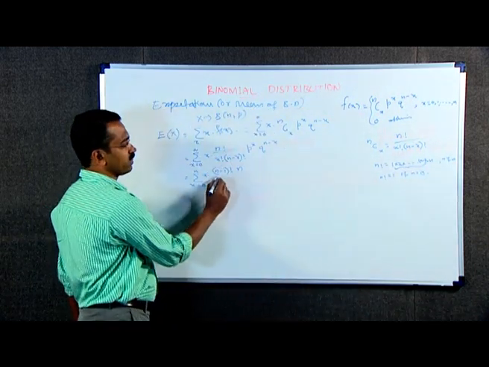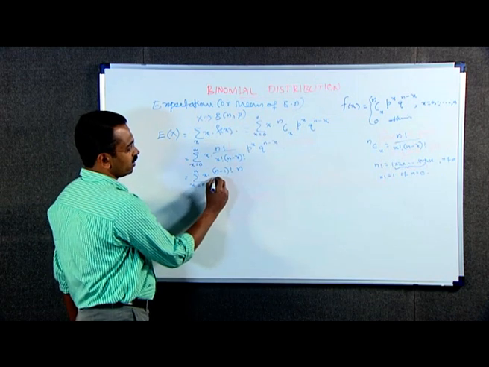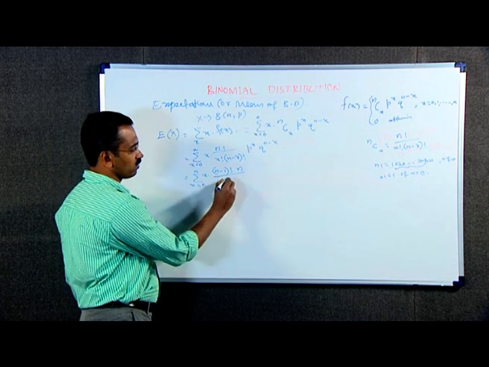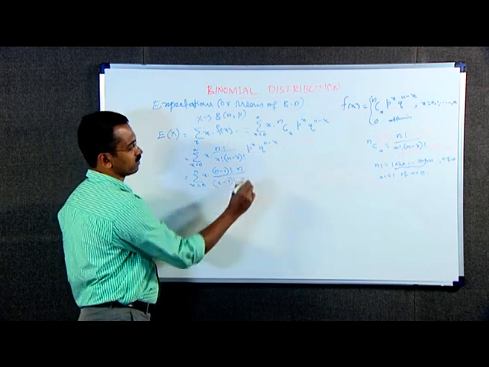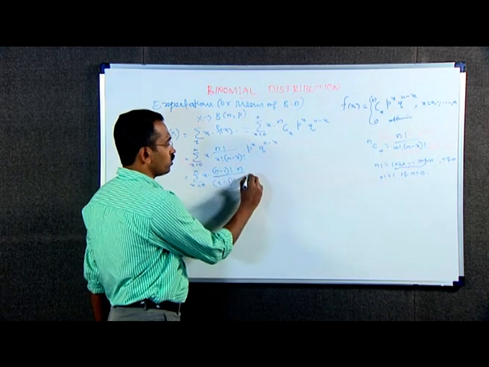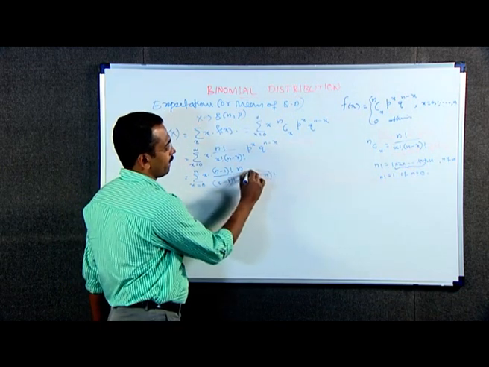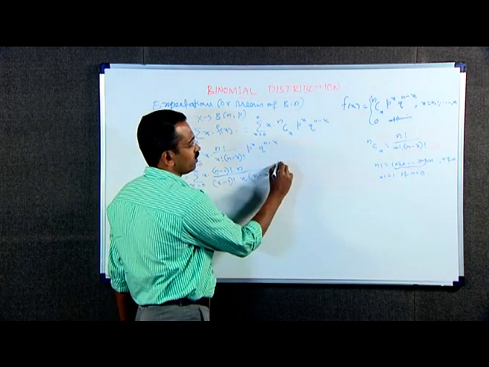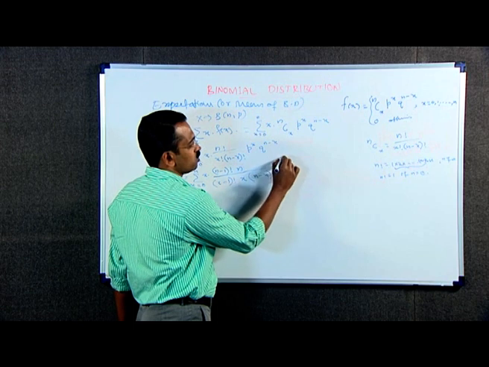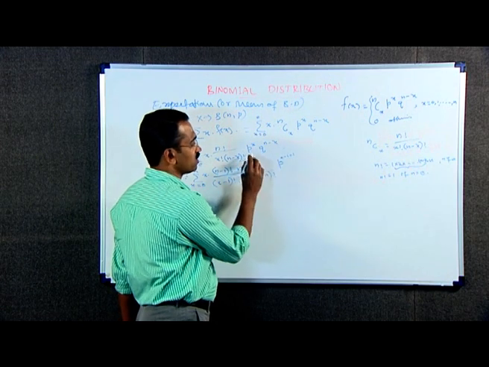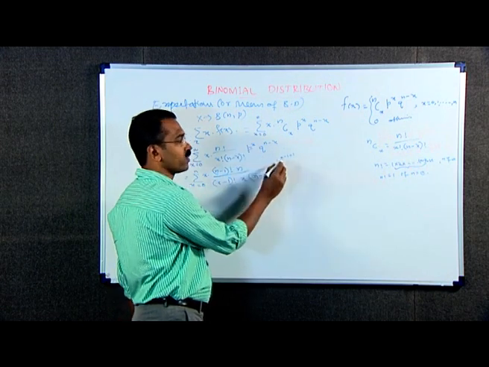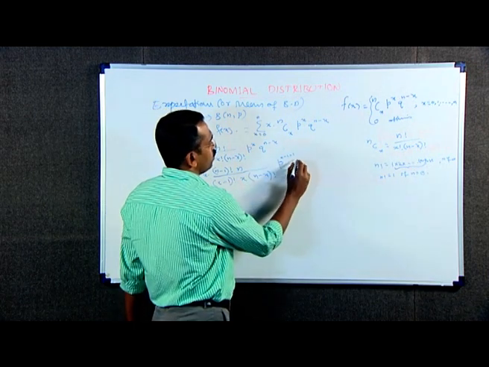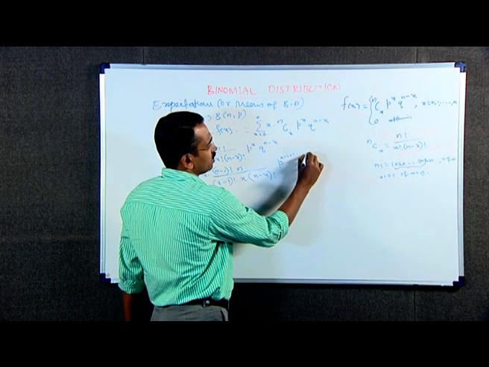And x factorial is x minus 1 factorial into x, into n minus x factorial, into p raised to, we write p raised to x minus 1 plus 1, that is in the power of p we just add 1 and subtract the same, into q raised to n minus x.